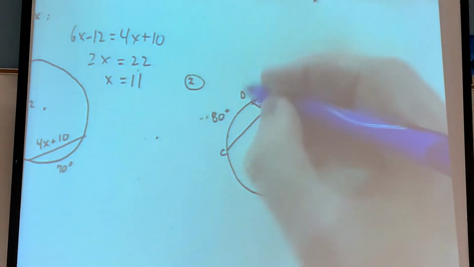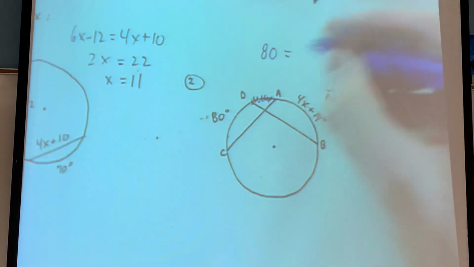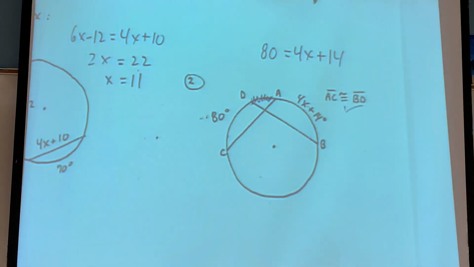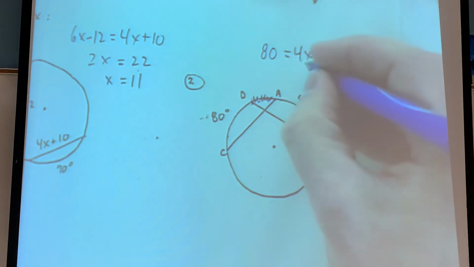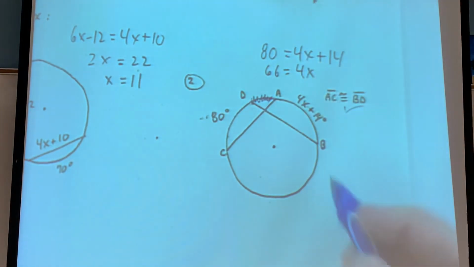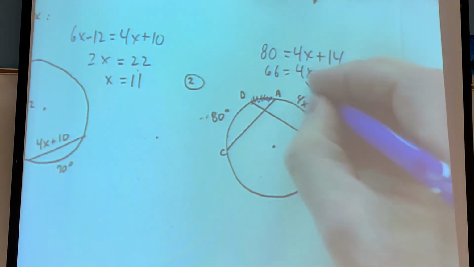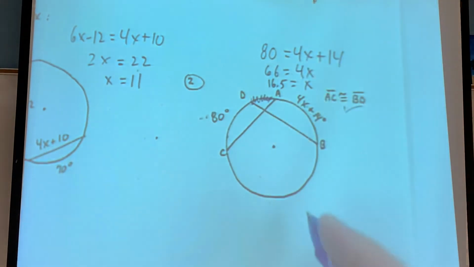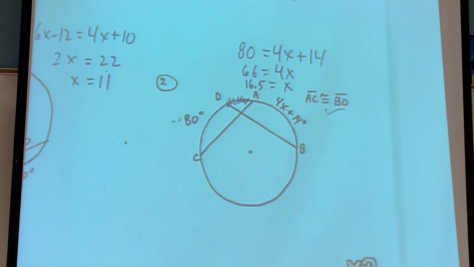All right, so 80 degrees is equal to 4x plus 14. Solving for x. Divided by 4 here gives us 16.5. All right, there's number 2.